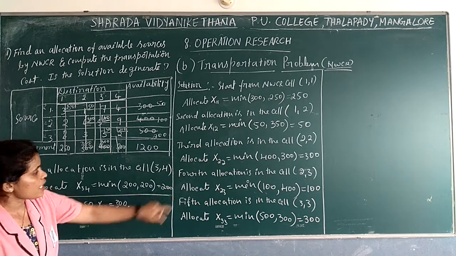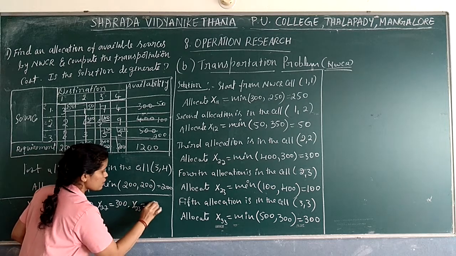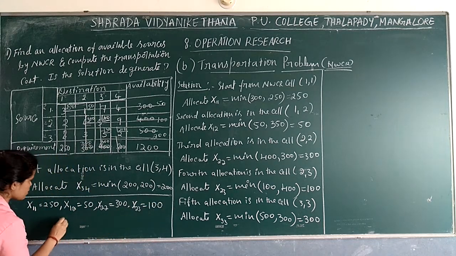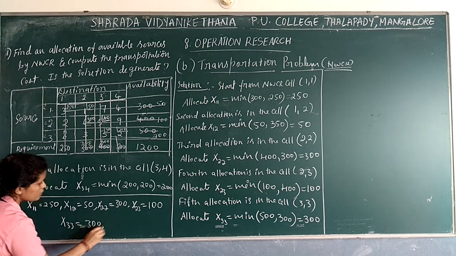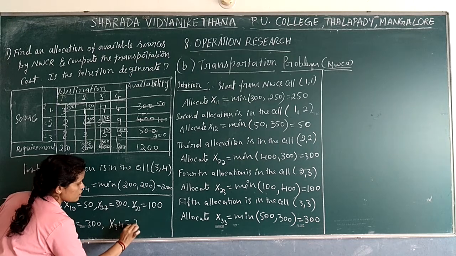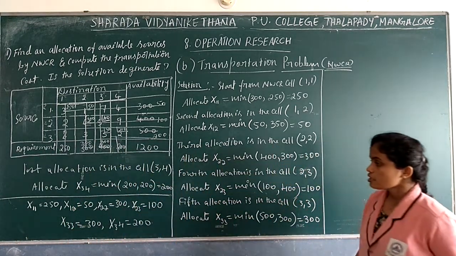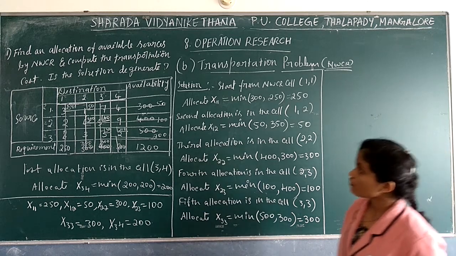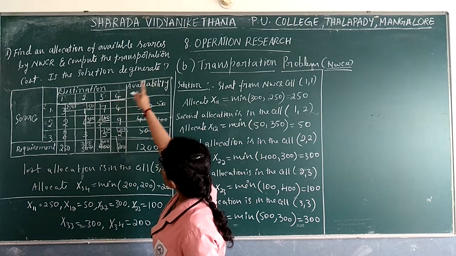Then next x23 is 100. Then after that x33 is 300. Then last allocation x34 is 200. How many allocations over? Altogether 6 allocations.